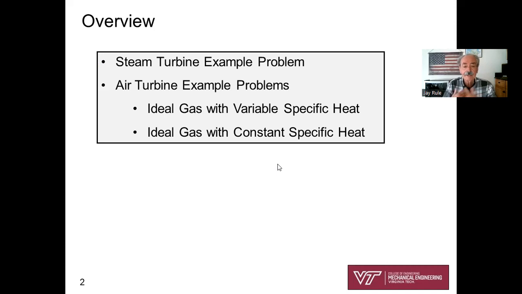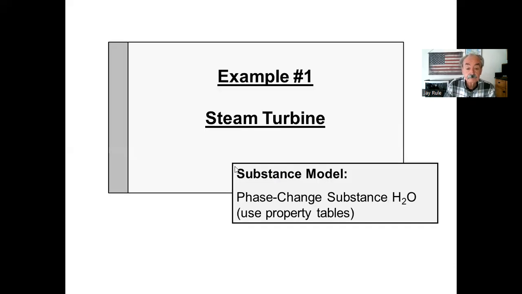So we'll do a steam turbine example first, and then an example of an air turbine, both using the ideal gas model with variable specific heat, and finish it up with the exact same problem using the constant specific heat model. So first example, a steam turbine.